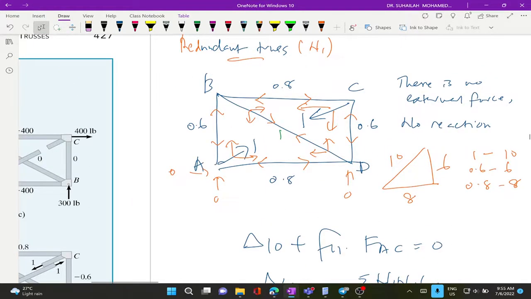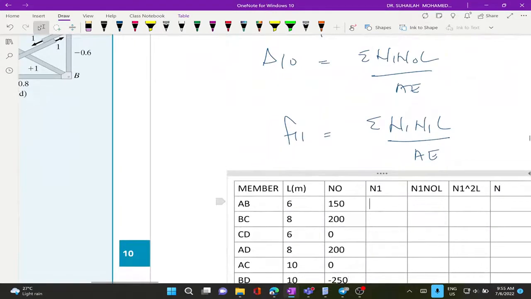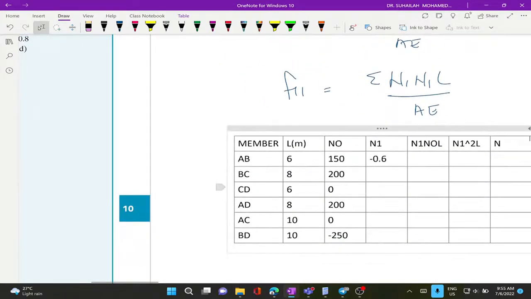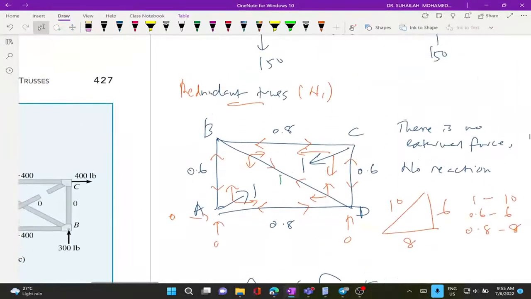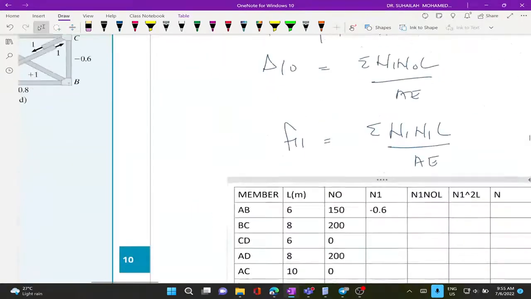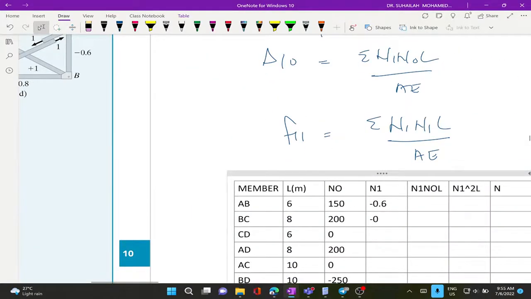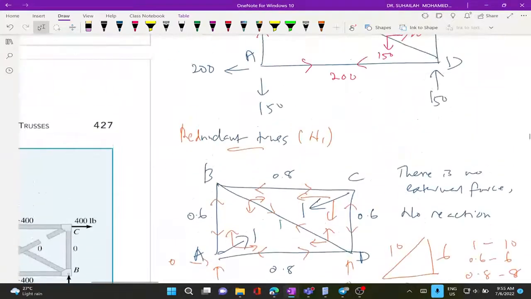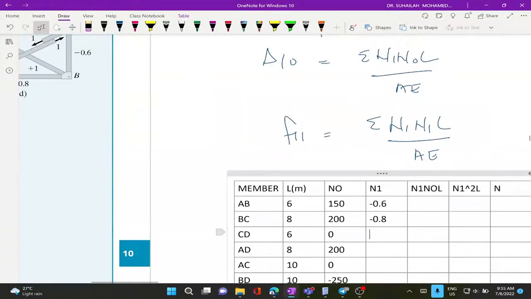We have AB is negative 0.6. We move to BC: BC is negative 0.8. CD is negative 0.6.